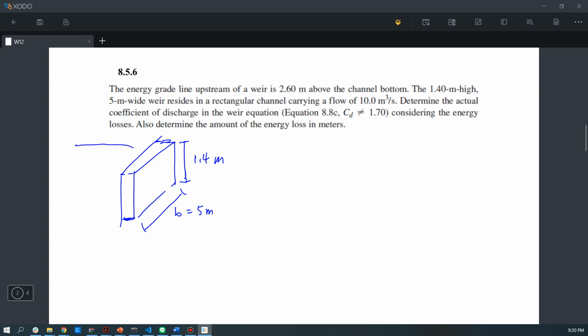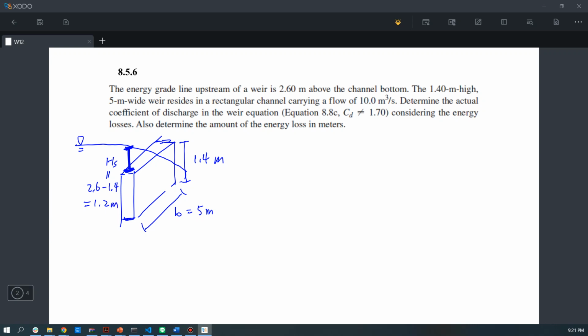And we have the water flowing over this weir, where the depth above this weir, which is Hs, is equal to the energy grade line 2.6 minus the height of the weir, which is 1.4, that is 1.2 meters. Okay, 1.2 meters.